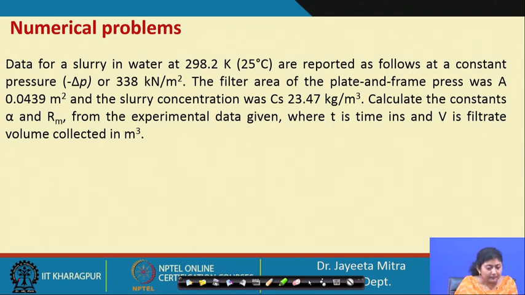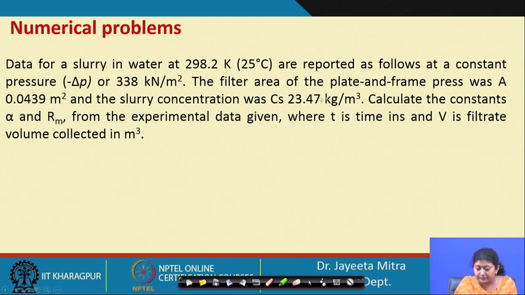The data for a slurry in water at 298.2 Kelvin, that is 25 degrees Celsius, are reported as follows at a constant pressure process where the pressure was 338 kilonewton per meter square. So, 338 kilopascal, this was constant.